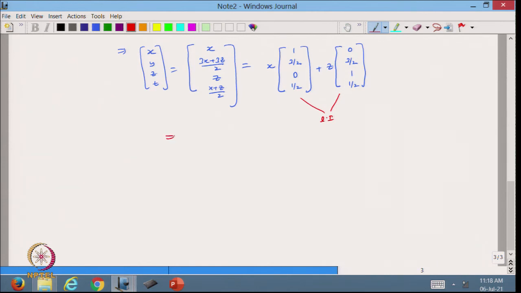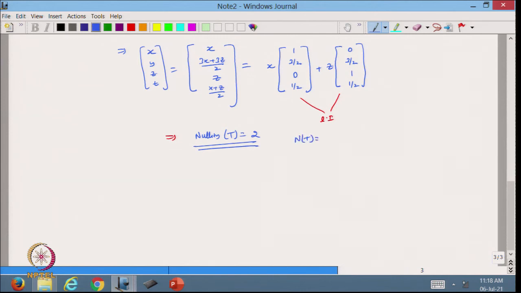So, from here I can write that the null space is spanned by, so from here just I can write that the nullity of T is 2, and the null space is spanned by this vector.